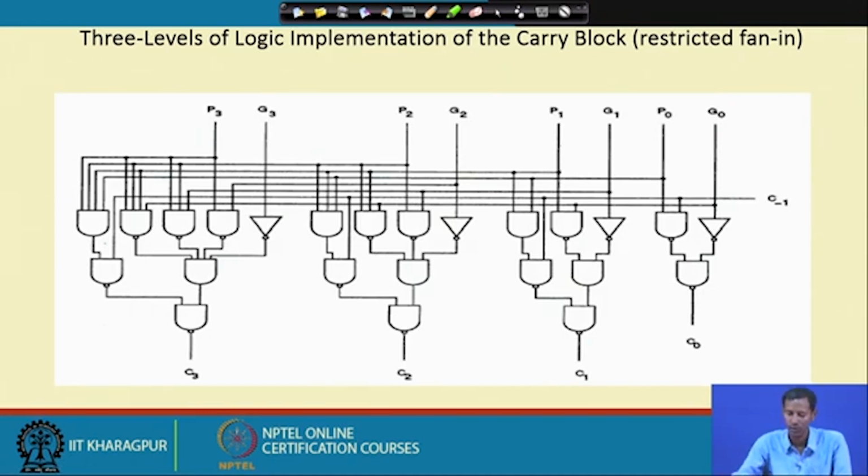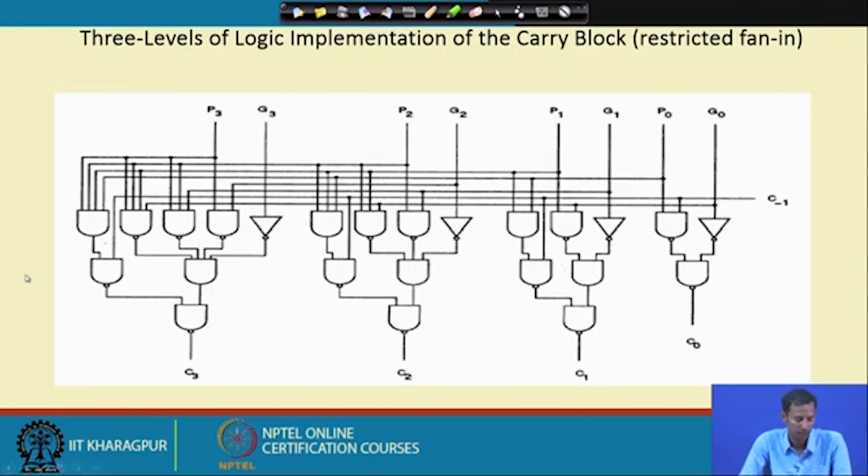For this I restrict to 4, for this to 3, and for this also to 2. In this case the fan in is restricted to 4, in this case to 3, in this case to 2. From the circuit I am telling.